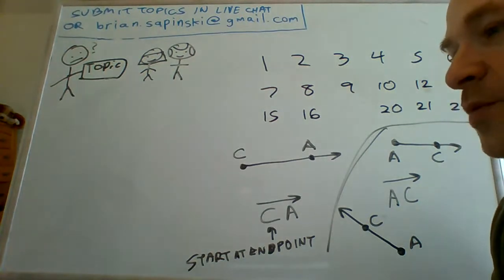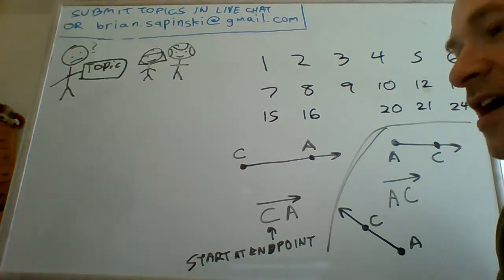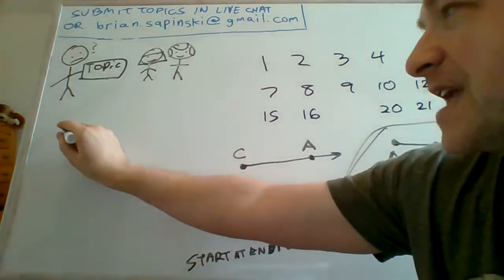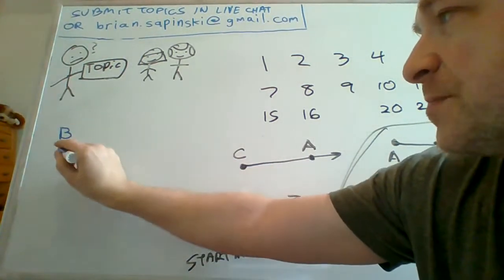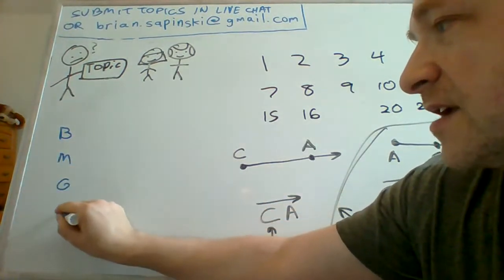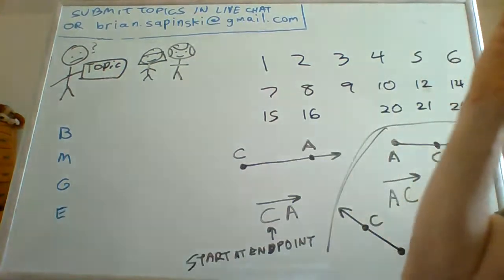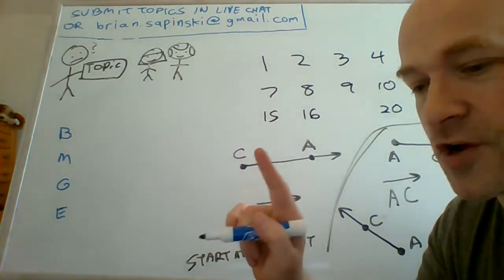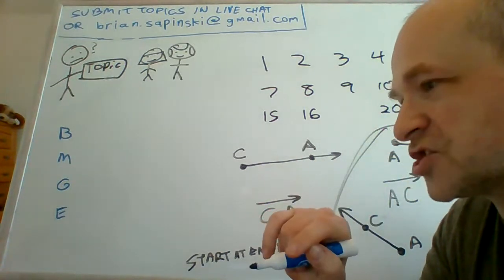You've got Maria, Gianna, and Elise. Good, you're all four named differently. So you've got Brianna, Maria, Gianna, and Elise. Here's the discussion I want.